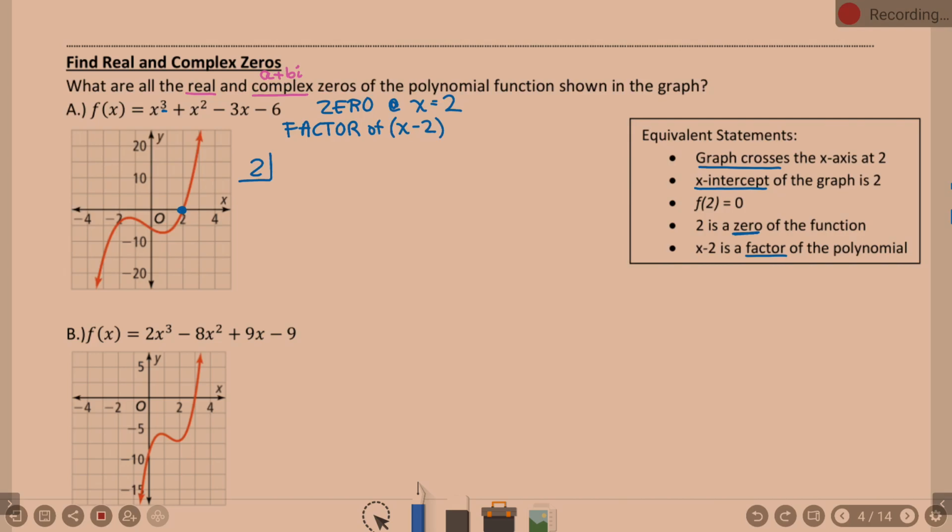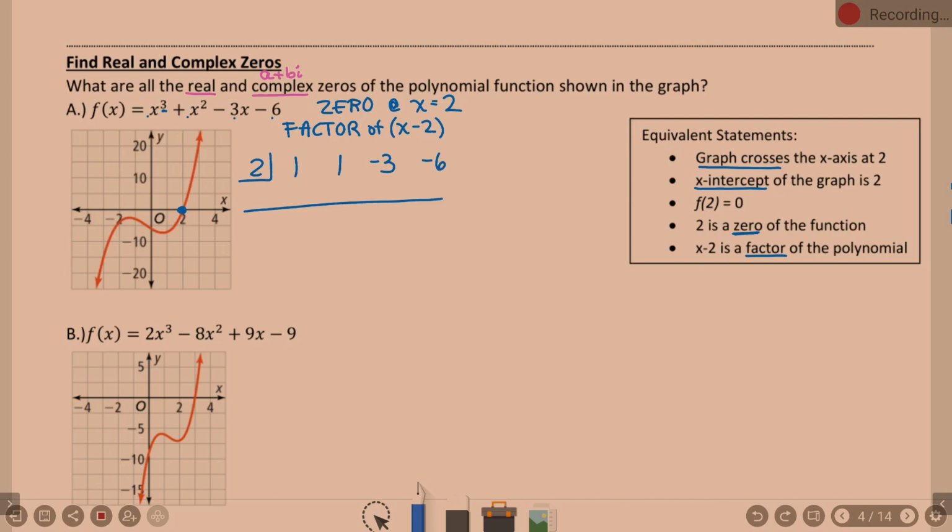Those are my coefficients from the equation, yes? Make sure all place values are covered. So we have 1 from the x cubed, 1 from x squared, negative 3 from the x, and negative 6. Okay? We haven't forgotten synthetic division yet, have we?